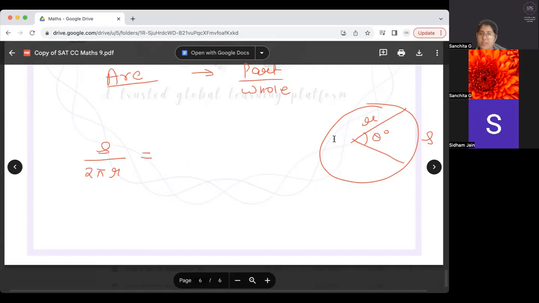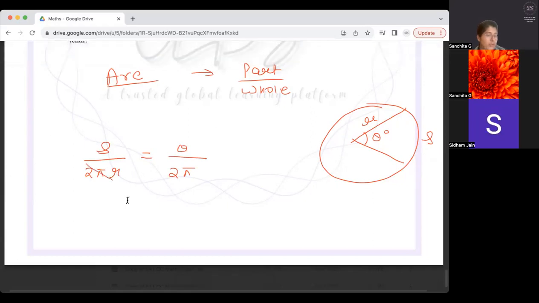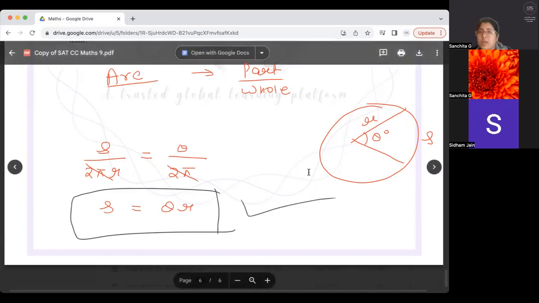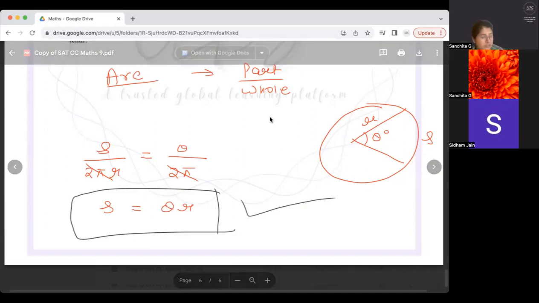First take the length divided by the whole length is equal to part degree by whole degree, theta by 2 pi. Can I cancel 2 pi, 2 pi? What do I have? Theta r. Got it? Your formula becomes theta r for the length of the arc.